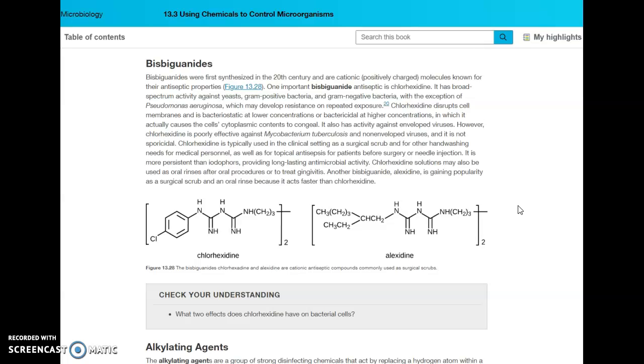They're very broad spectrum against not just bacteria but also yeasts. They disrupt cell membranes. Another one is alexidine. It can be used as a surgical scrub. It's faster acting, so we don't have to have as long of a time of exposure for the alexidine as we do the chlorhexidine. So those are the biguanides.